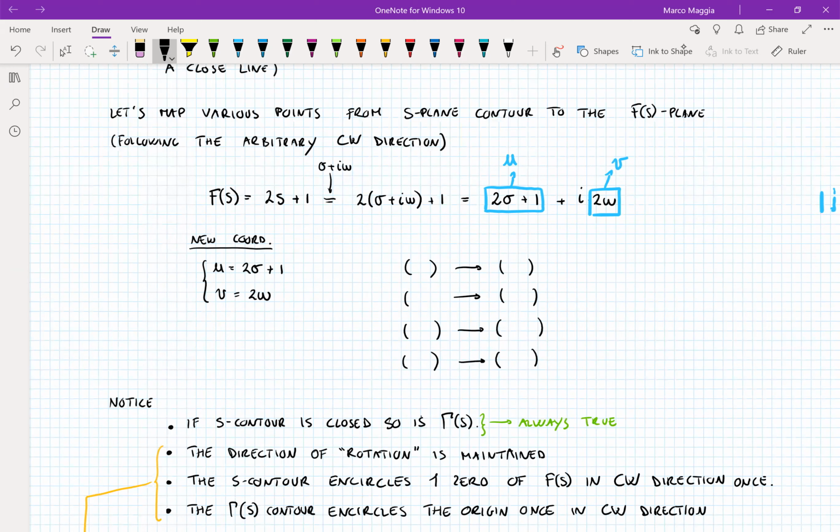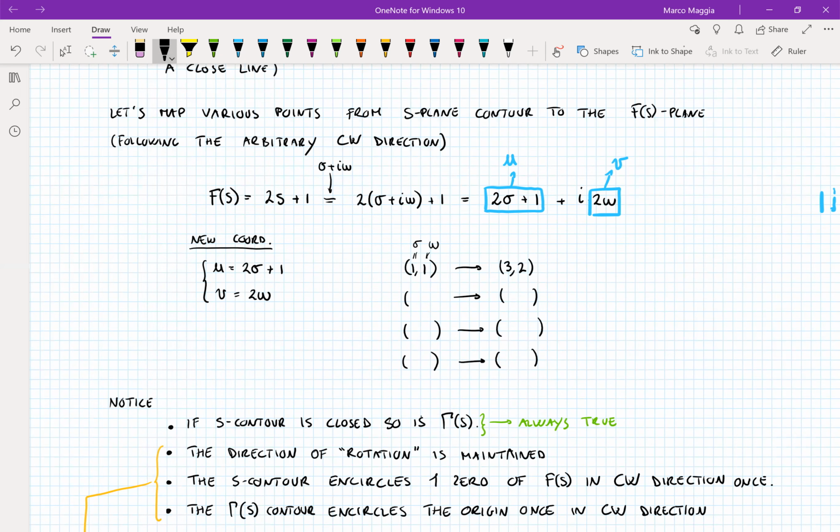So now if we use (1, 1), for instance, so sigma is 1 and omega is 1, then u is 2 times 1, 2, plus 1, 3. And then v is going to be 2 times 1, so 2.